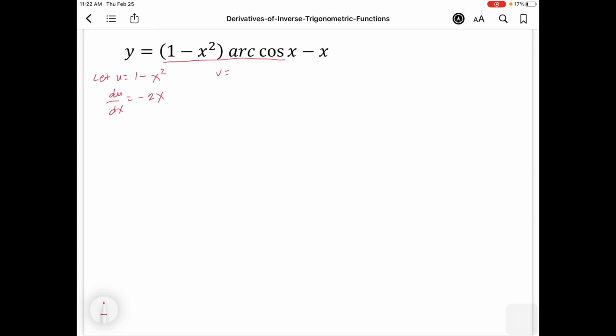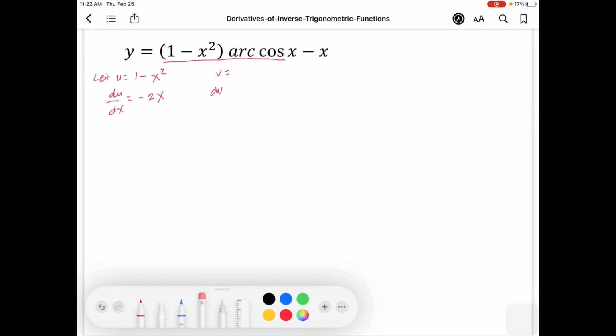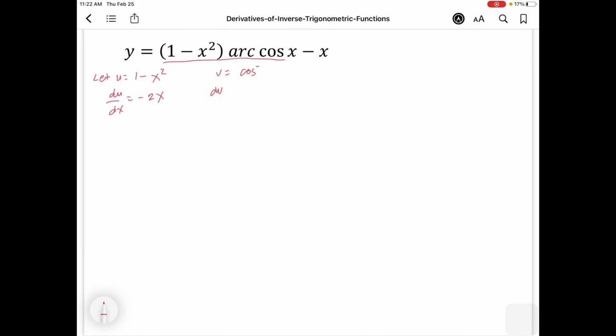Then yung v natin is ito siya, which is x, then dv, not the x only, so that will be arc cosine. So magkakaroon tayo na cosine negative 1x, then dv over dx is equal to negative 1 over the square root of 1 minus x squared. So, yun yung kanya maging derivative.